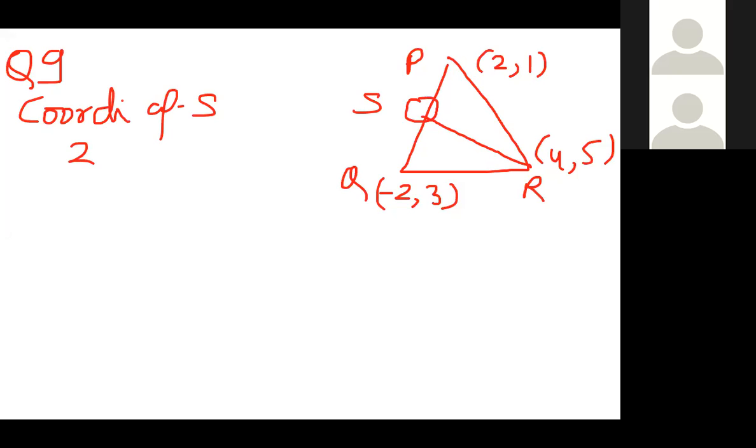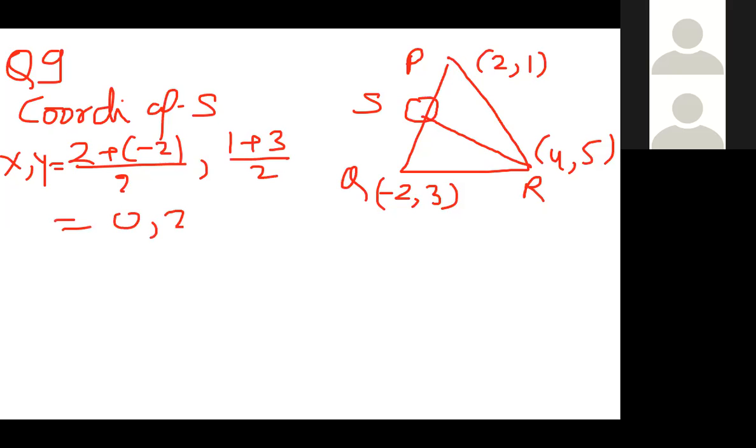It equals (2 plus minus 2) by 2 for the x coordinate, and (1 plus 3) by 2 for the y coordinate. So the x coordinate will be 0 and the y coordinate will be 2. Now the equation of this line, the equation of SR, is the equation of a line passing through two given points.